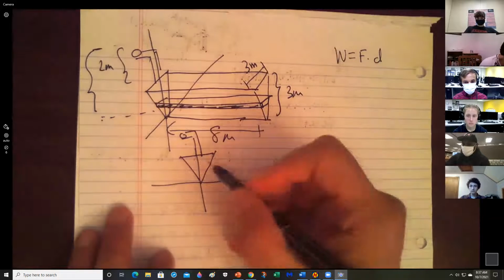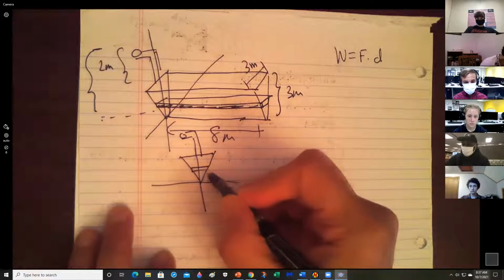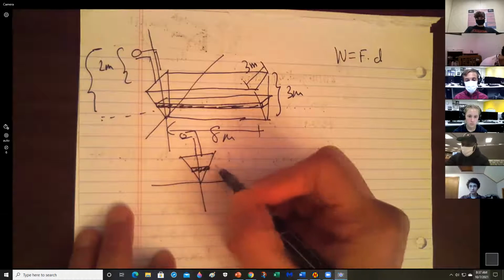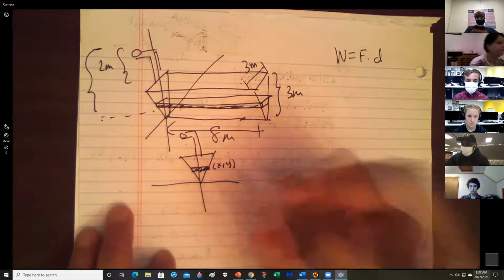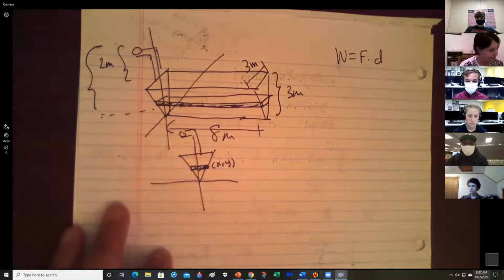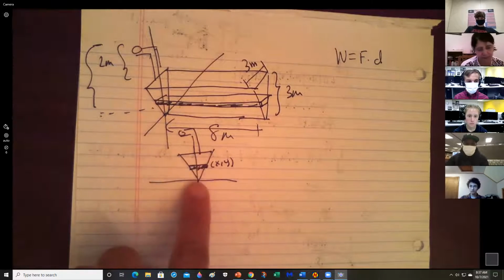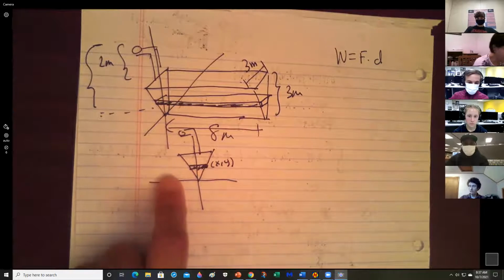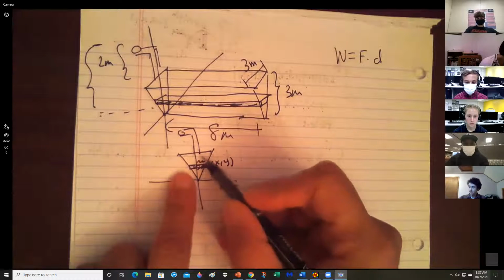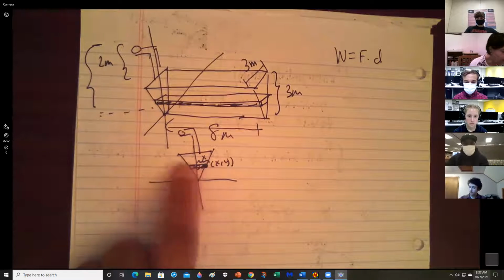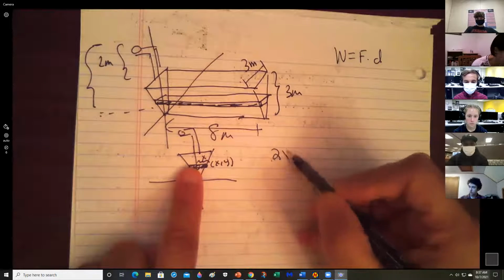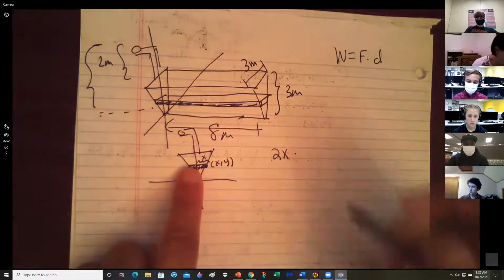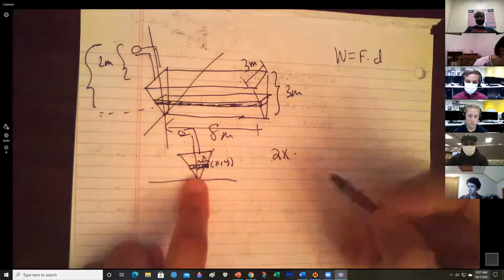Okay, so I'm going to put the typical slab here. Let's put this coordinate XY. Okay, what can you tell me about this triangle and the relationship here? I have the width of this is X. The whole width would be 2X times this vertical height, which would be dy.